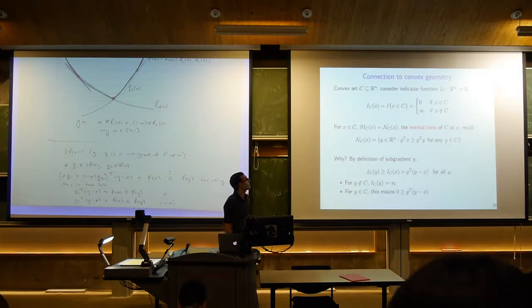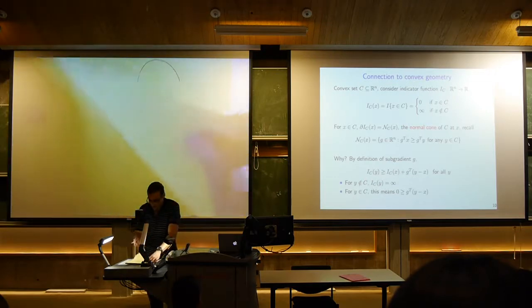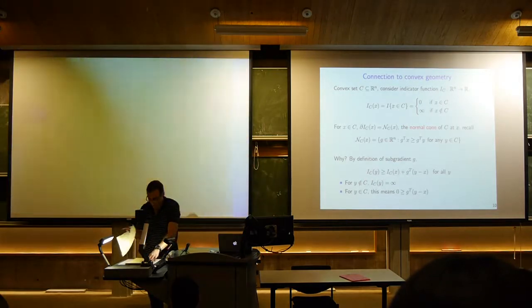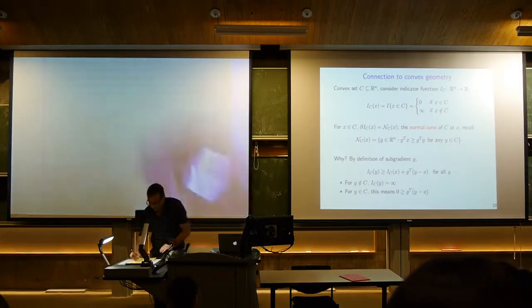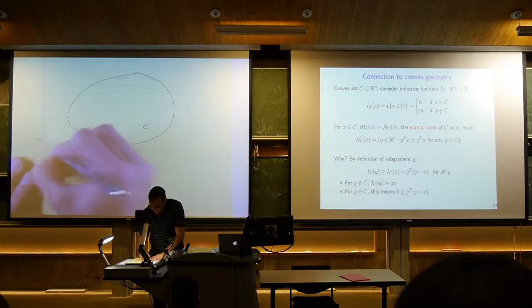There's an interesting connection between subgradients and convex geometry. Remember, we learned what the normal cone was. It so happens that if we take the indicator function, suppose this is our set C, and we take the indicator function as our function.